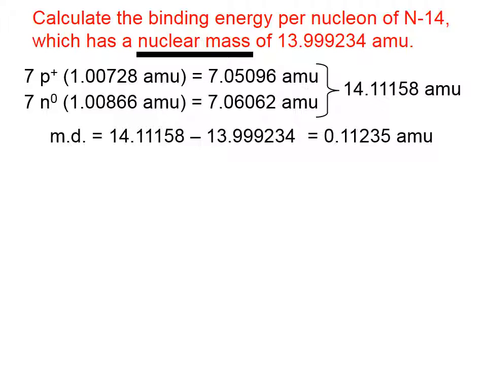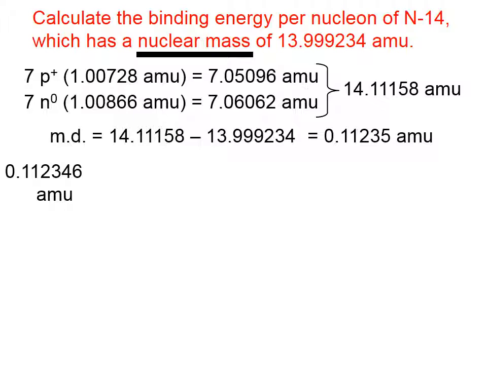What we want to do is take that mass, convert it into an amount of binding energy using Einstein's equation, and then divide by 14, because we're asked to find the binding energy per nucleon. In other words, the binding energy divided by the total number of nucleons.